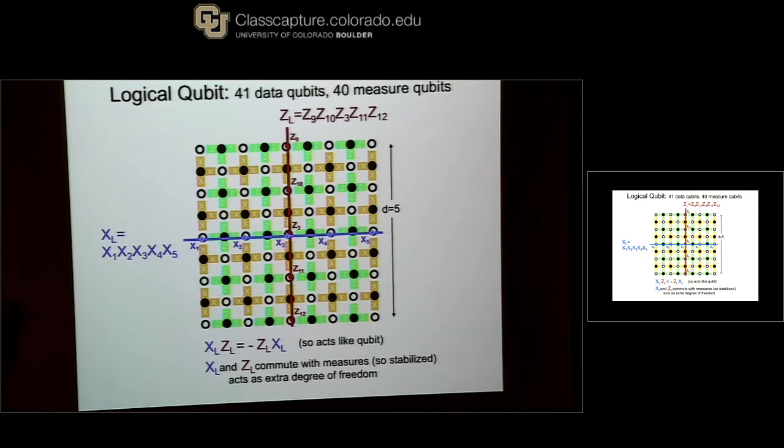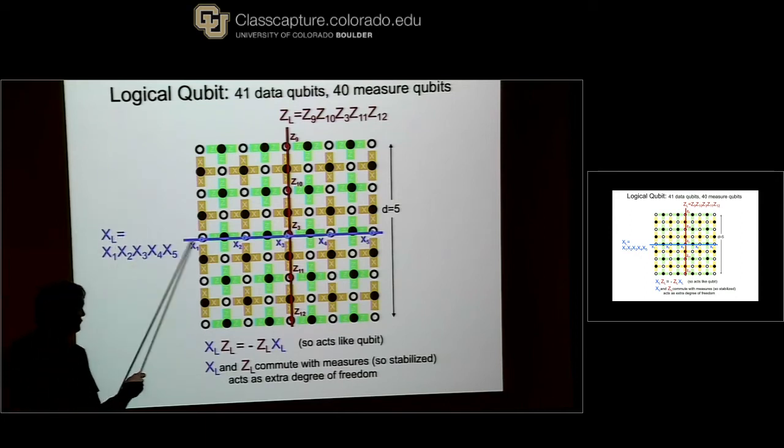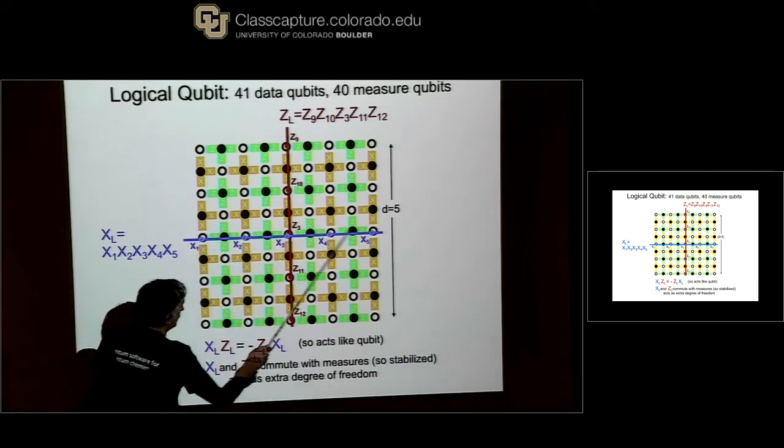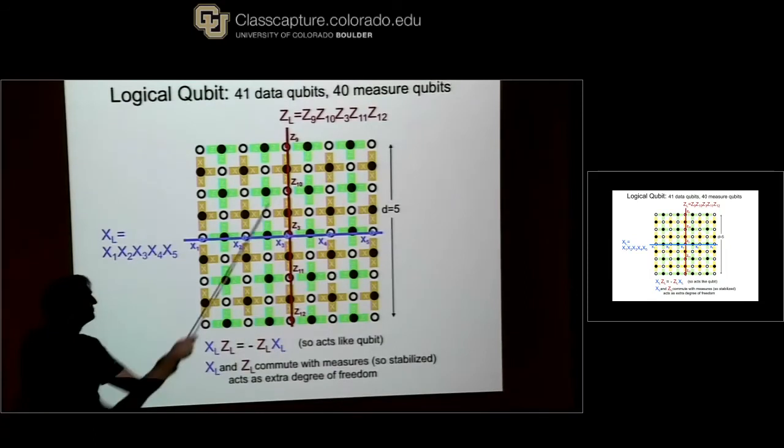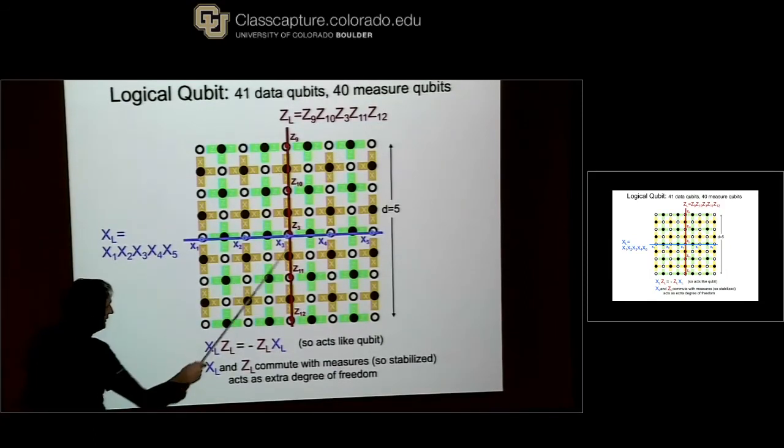Okay? And for this logical qubit, you can write logical operators by writing X_L as equal to x1, x2, x3, x4, x5, and the Z state being these right here.